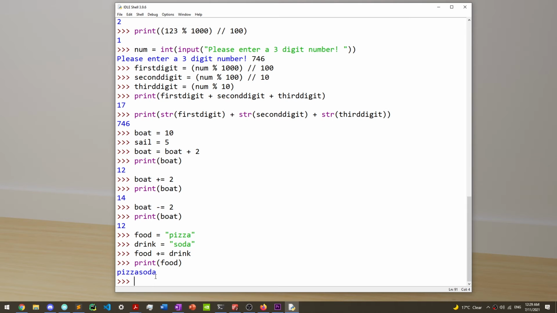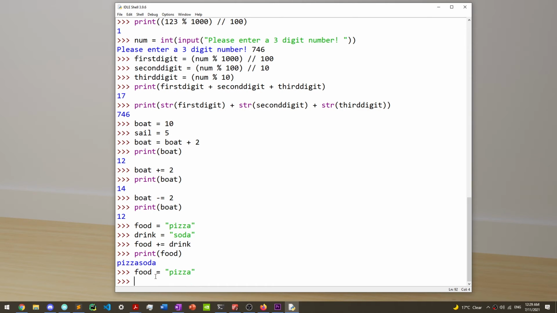We can do the exact same thing with the multiplication sign. So let's say we wanted to reset food back to pizza. And we can multiply pizza a number of times. Remember how we could say food is equal to, for example, food times 5? Food times 5 works. We're going to evaluate the right side and then assign it to whatever's on the left. So food times 5 gives us pizza, pizza, pizza, pizza, pizza.